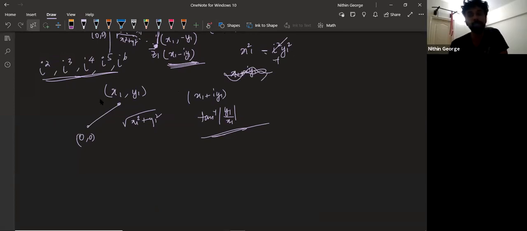They show cyclicity with 4. Basically, i raised to 1 is i, i raised to 2 is minus 1, i raised to 3 is minus i, i raised to 4 is minus i square, which is minus of minus 1, which is 1. Now i raised to 5, the cycle repeats.